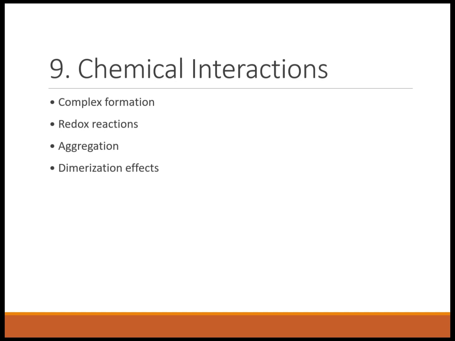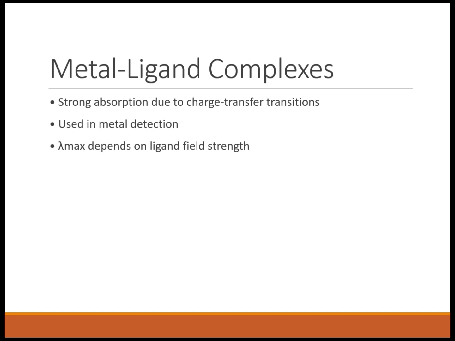Chemical interactions such as complex formation, dimerization, redox reactions and molecular aggregation significantly alter spectra. These interactions may produce new peaks or shift existing ones. So during complex formation there can be chemical interactions, and redox reaction, aggregation and dimerization can affect the results of the samples.